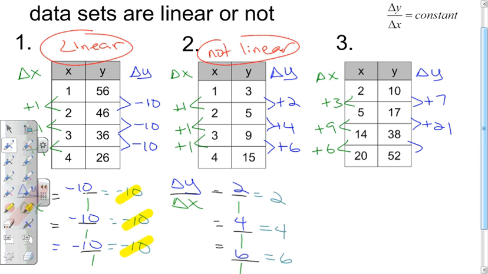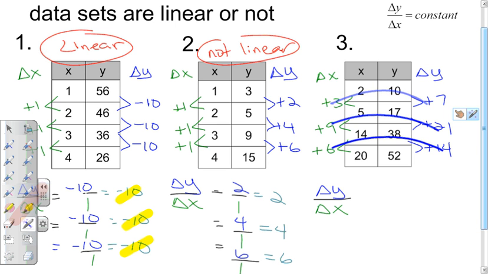And similarly, to go from 38 to 52, I could say, what's 52 minus 38? Which is 14. And you can involve your calculator if you need to. Again, I'm not looking at each individual delta value, but the ratio of delta y to delta x, and I am going to do that for all of these pairs.